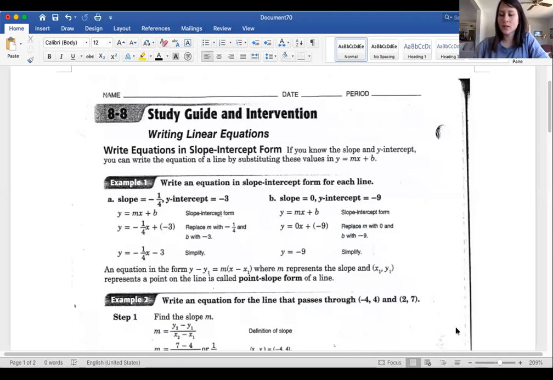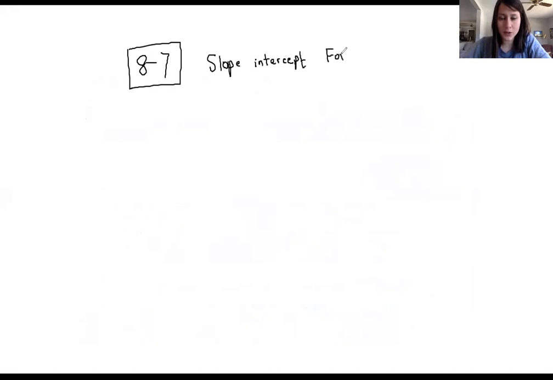Previously in Chapter 8, Lesson 7, we talked about something called the slope-intercept form. This is a formula that I described kind of like a code where you can translate the information from the formula to become a line on a graph.